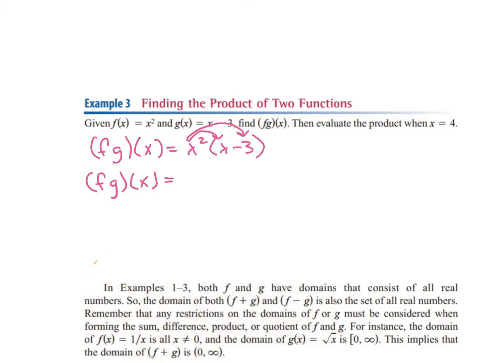What do we get when we distribute? X cubed minus 3x squared. Awesome. X cubed minus 3x squared. And then now we can plug in 4. So we have f times g of 4. So we have 4 cubed minus 3 times 4 squared.